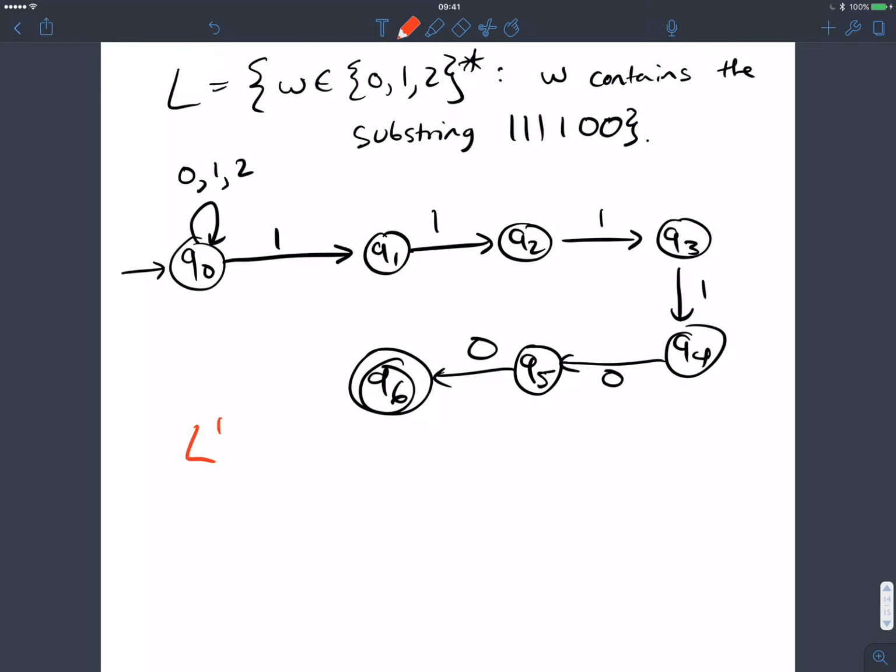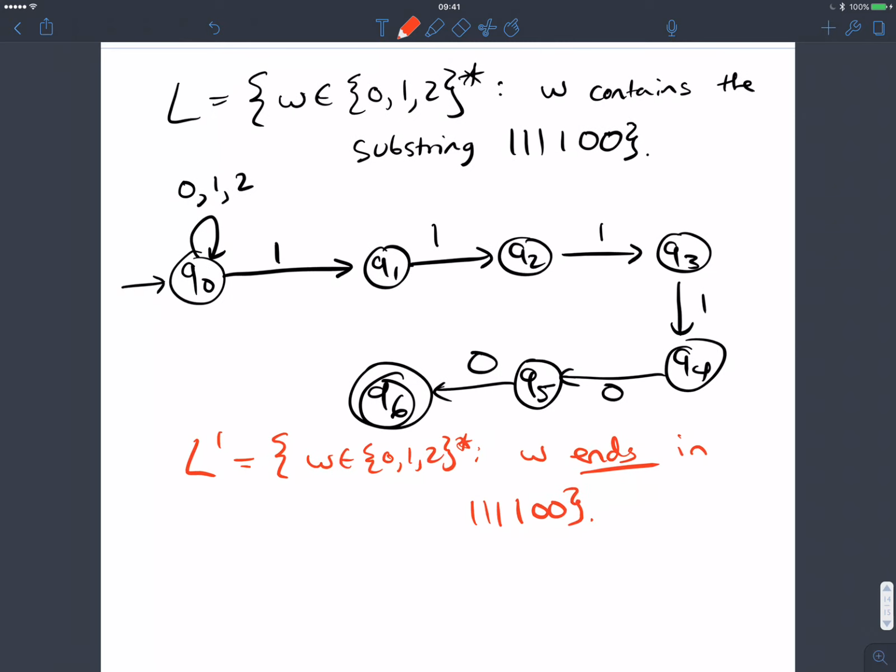So the modified language L prime is all the strings W in {0, 1, 2} star such that W ends in 111100. And if I instead left the last 3 self loops and axed the first 3, what would that be instead? Yeah, it starts with that particular substring.